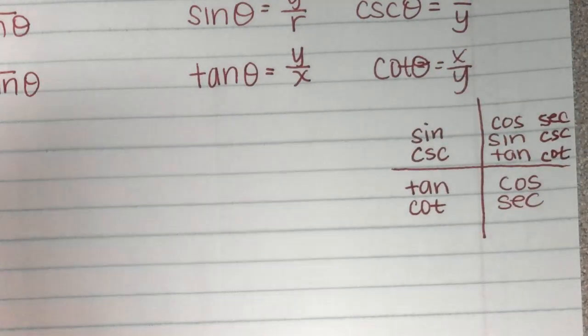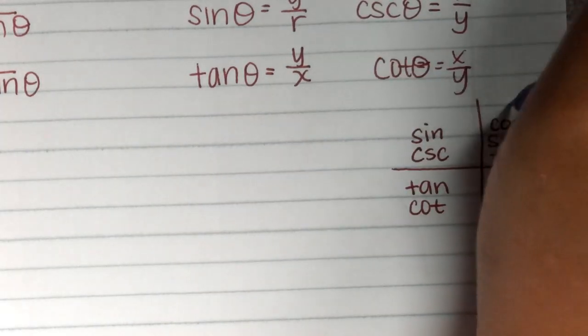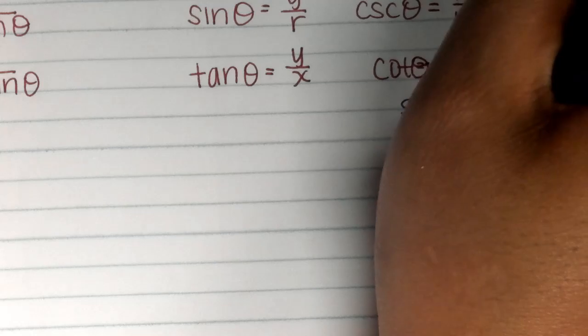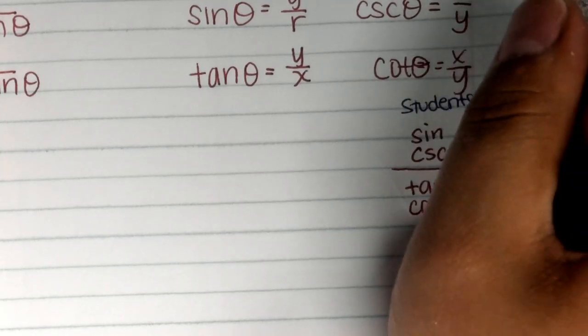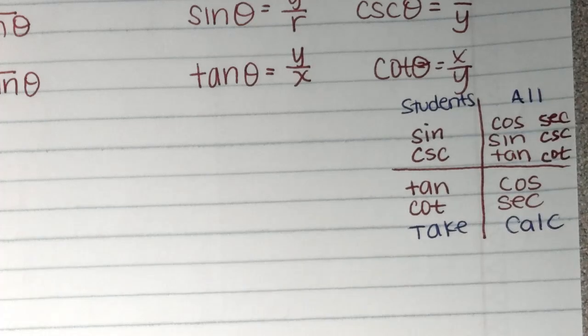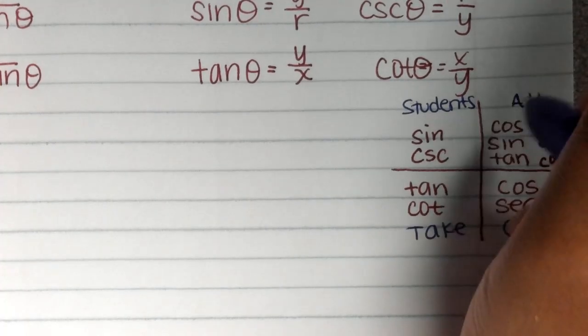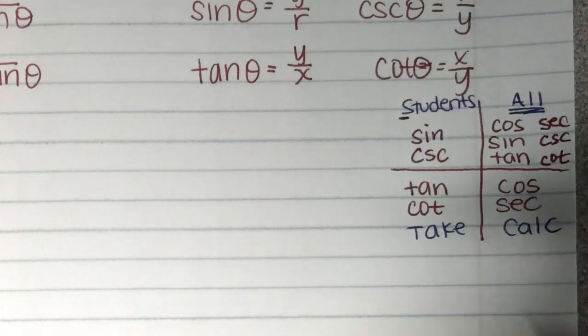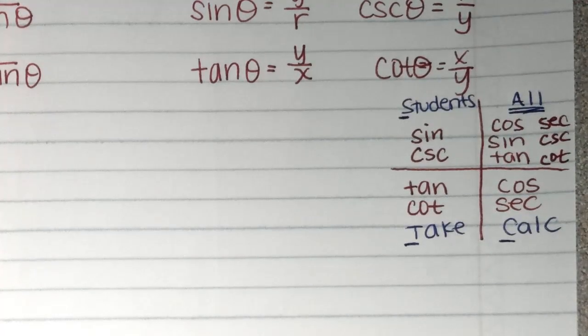Although this statement is not true, we always say: all students take calculus. I know that's not true, but all of them are positive in the first quadrant. S, T, and C, to remember which one is positive where. All students take calculus.